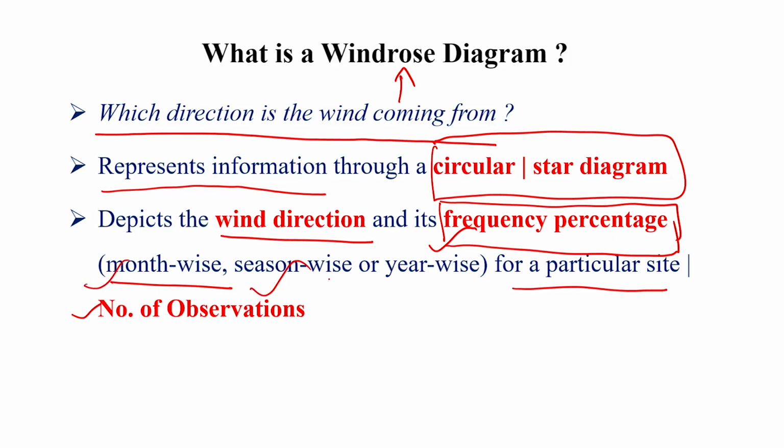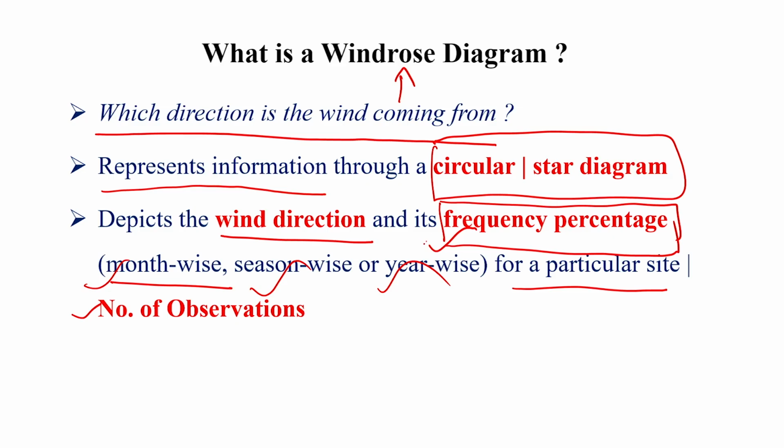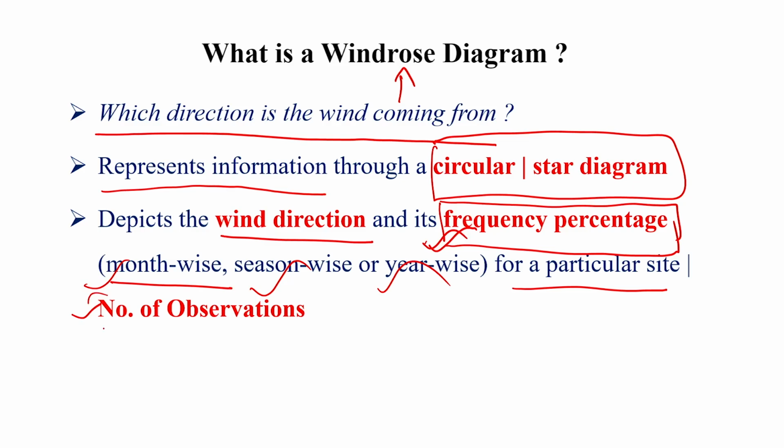Similarly, season wise, any 3 months or 4 months you can take and create a Windrose diagram for it, and you can do the same thing on a yearly basis also. For a particular year you can take all the data that you have collected, accumulate it, average it, calculate this frequency percentage which I will tell you about, and then you can draw the Windrose diagram. So, it is purely all based on the number of observations that we take from the weather station.